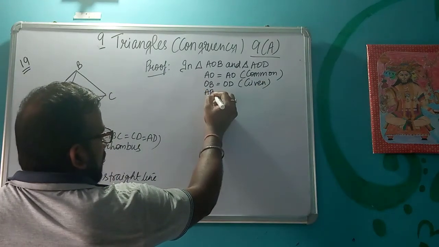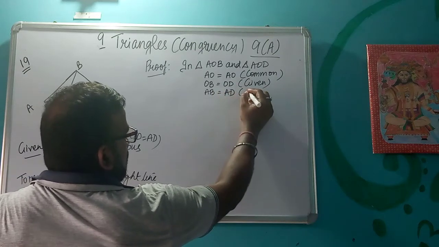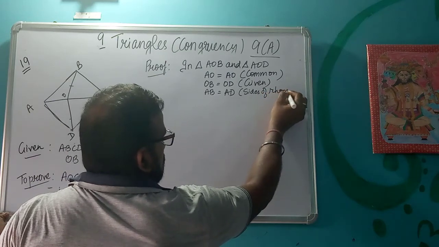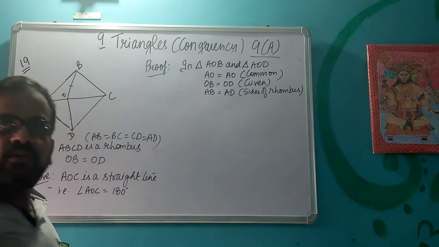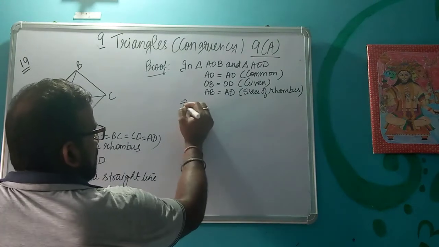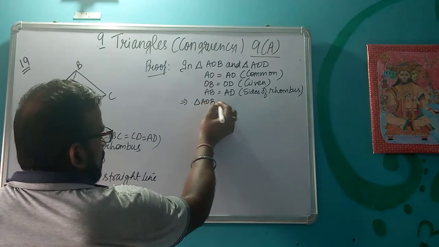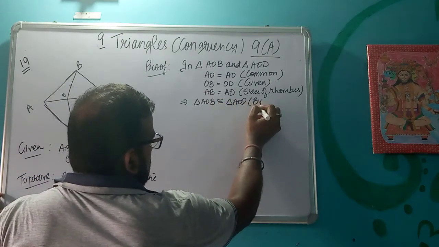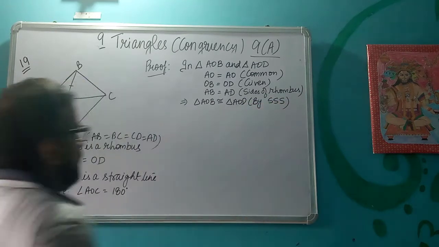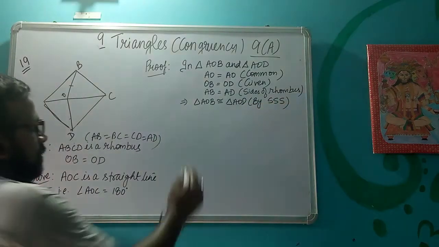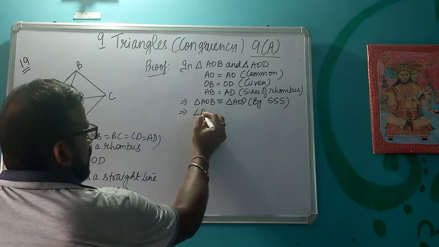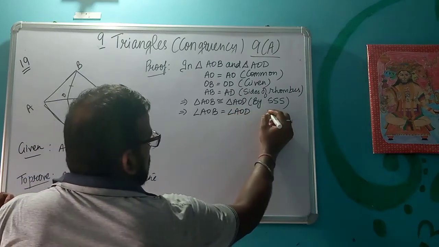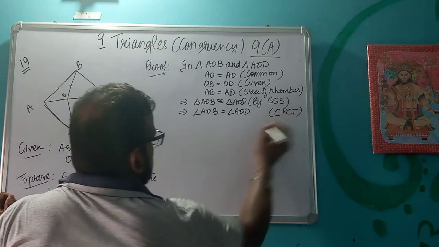Then AB equals AD because they are the sides of a rhombus and sides of a rhombus are equal. So we can say that triangle AOB is congruent to triangle AOD by SSS criteria.